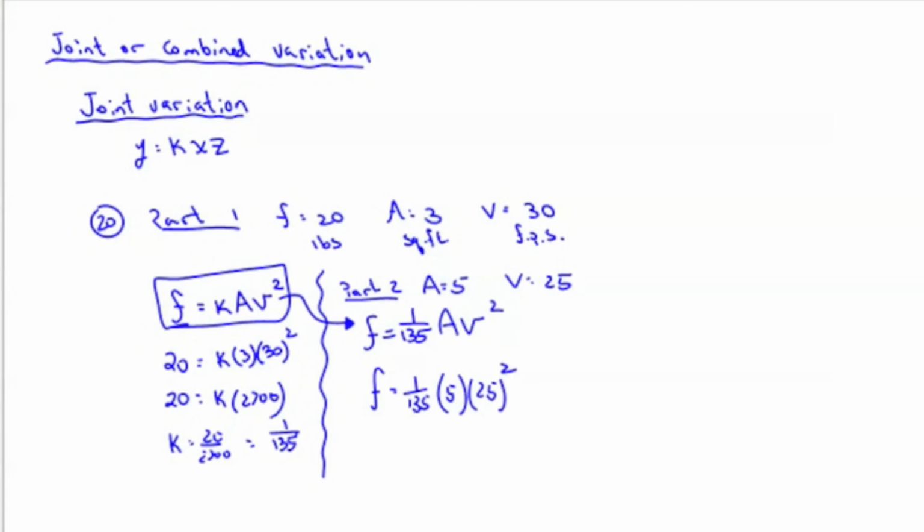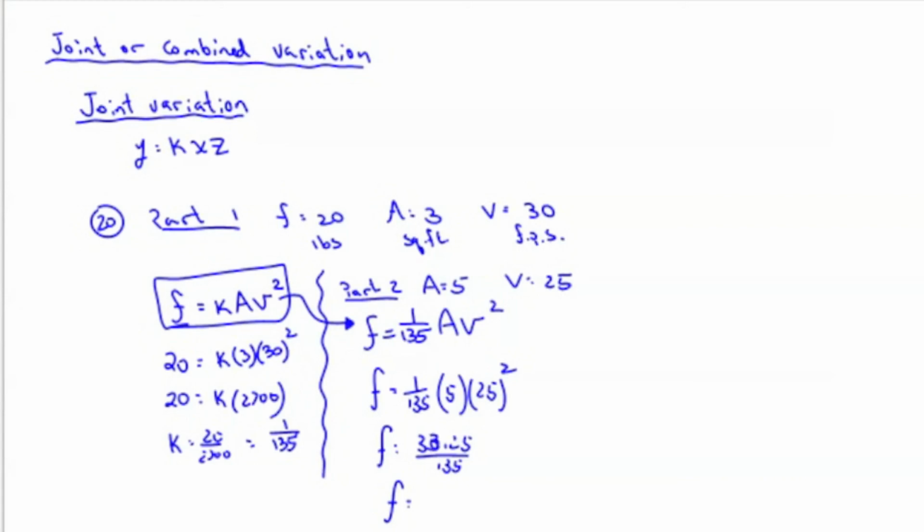Don't forget, you need to square it. 25 squared is 625. 625 times 5 is 3125. So F is equal to 3125 over 135.